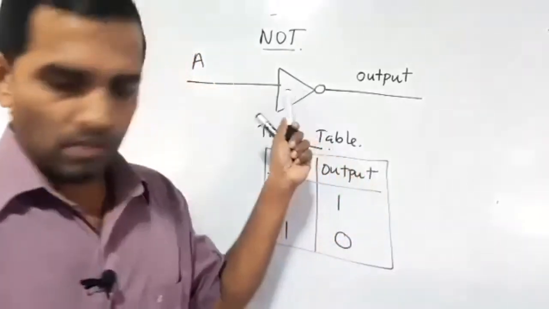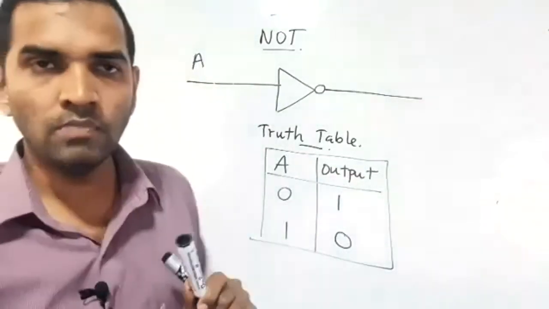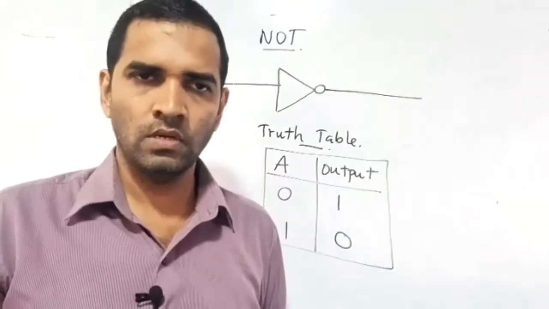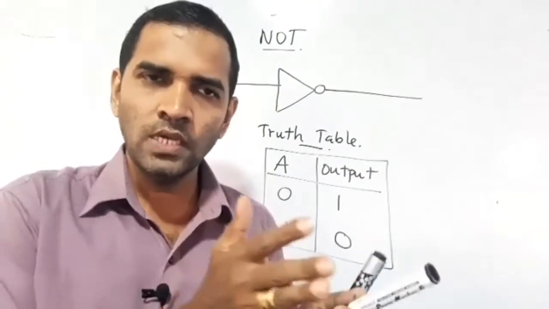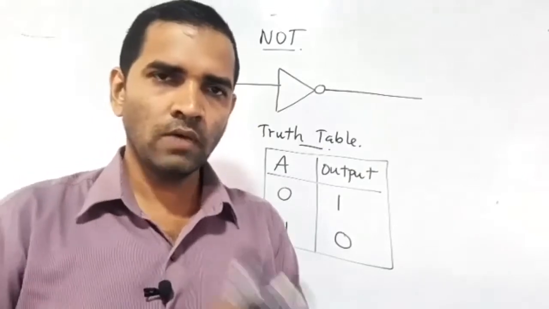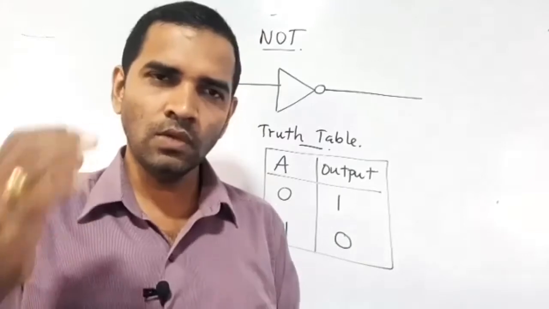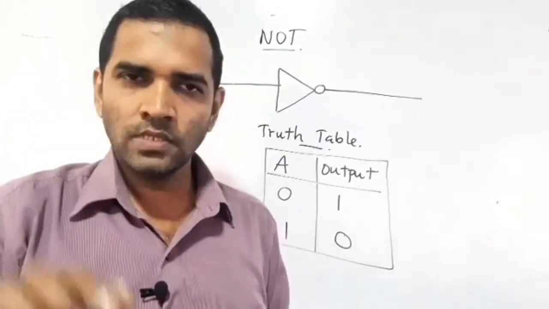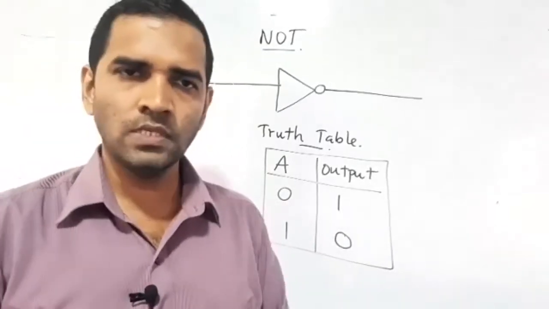But here, when you want to write the output for the NOT gate, you cannot keep the gate name in the middle because you have only one input. You can't say A not. A not what? You don't have any other input. A not B? B is not there. So the gate name may be in front of the input or after the input.